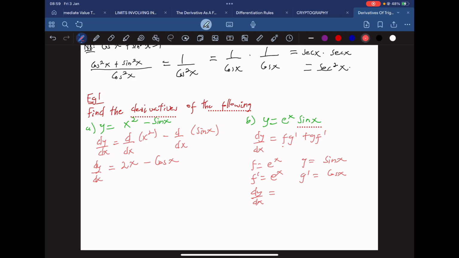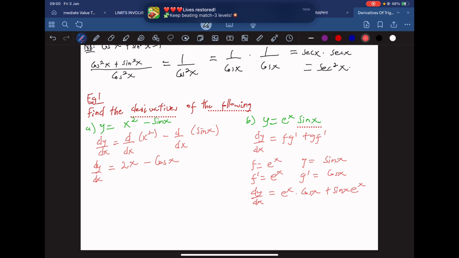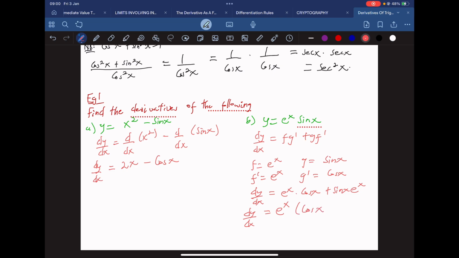In this case, our f was e to the x, our g prime is cosine of x, plus our g, which is just sine of x, and our f prime is e to the x. So we can have dy dx, so we can choose to bring e to the x outside. Then we have cosine of x plus sine of x. I hope this is clear enough.